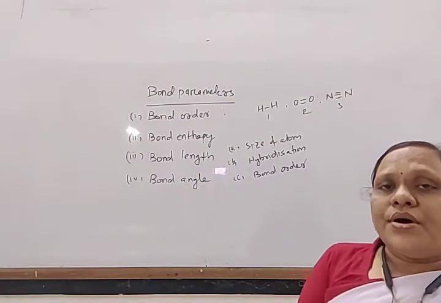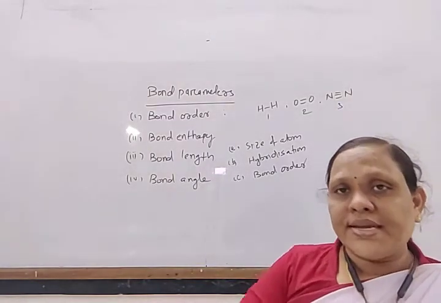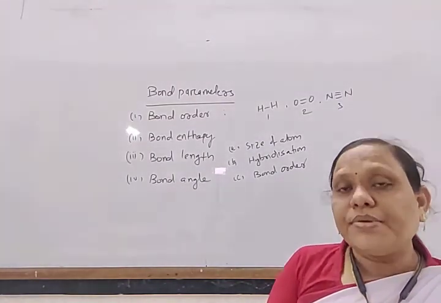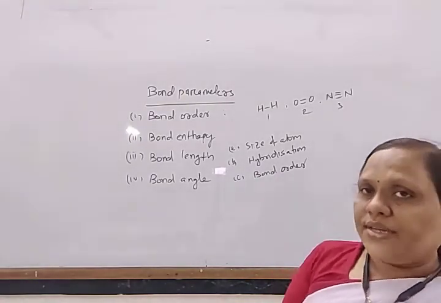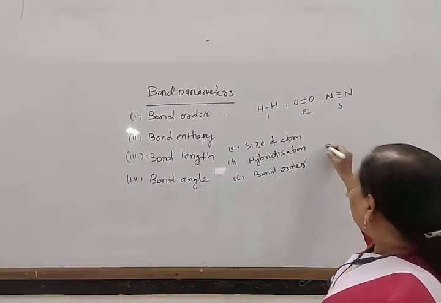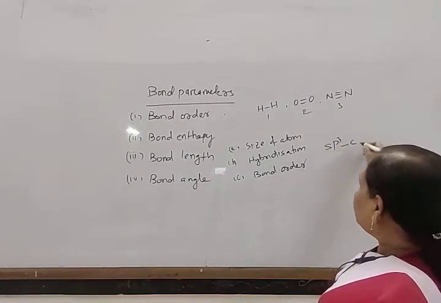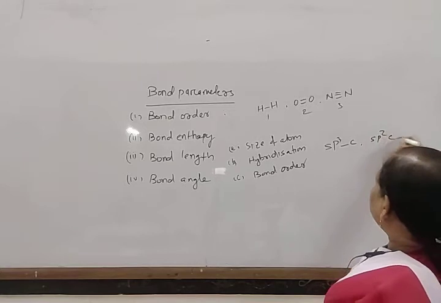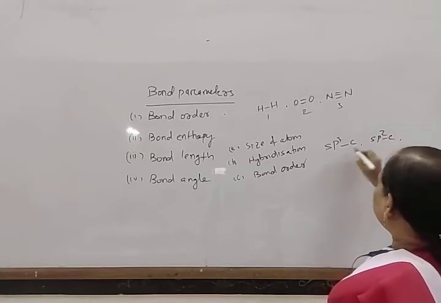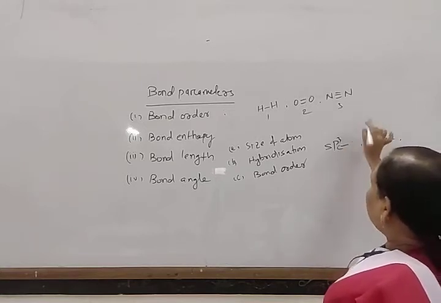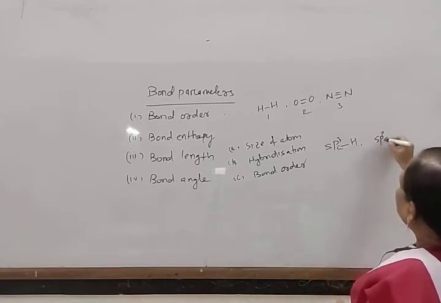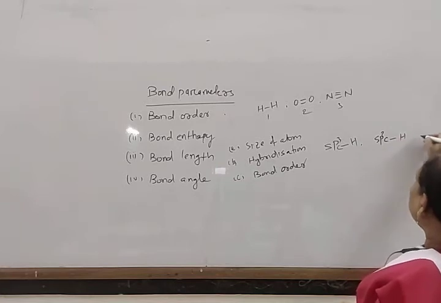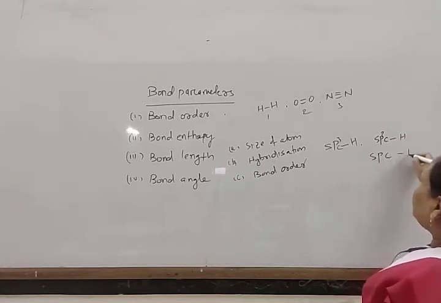Hybridization: if the p character is more, then the bond length is also more. For example, consider sp3 carbon and hydrogen, sp2 carbon and hydrogen, and sp carbon and hydrogen.